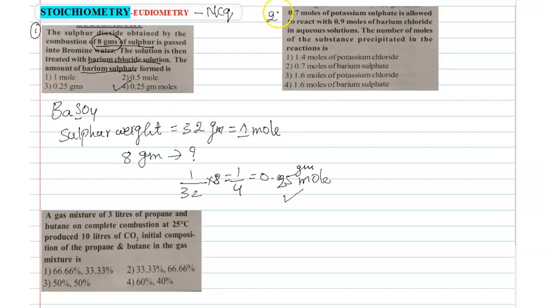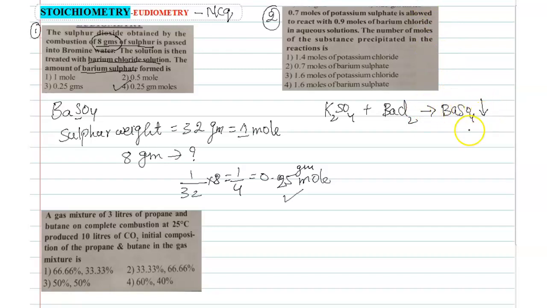Next, second one. 0.7 moles of potassium sulfate is allowed to react with barium chloride. So here potassium sulfate with barium chloride. The number of moles of precipitate formed is. So what is the reaction?